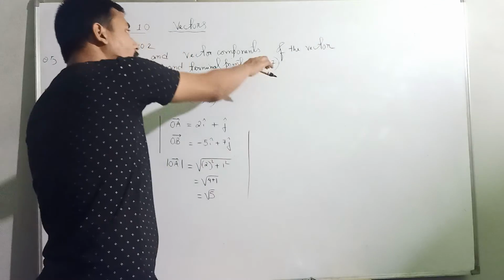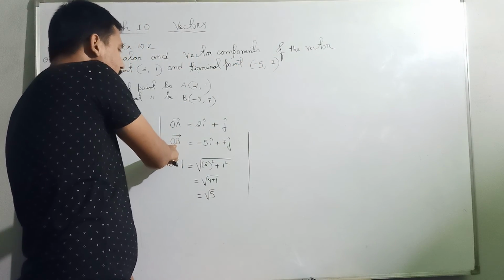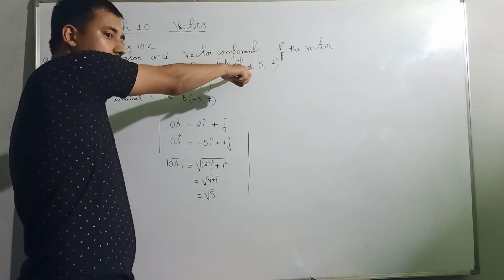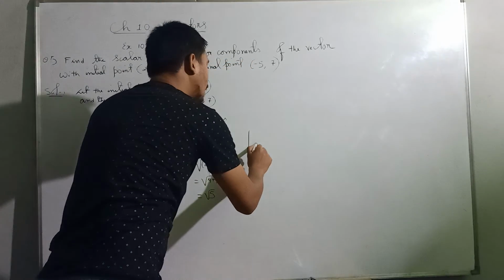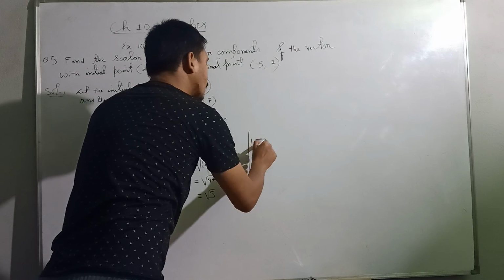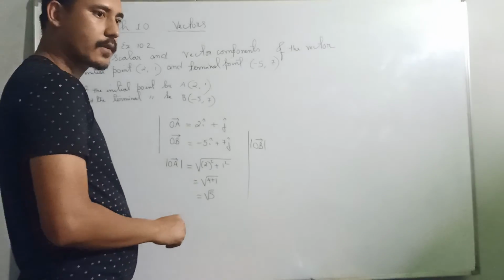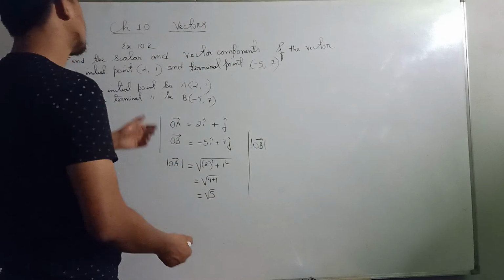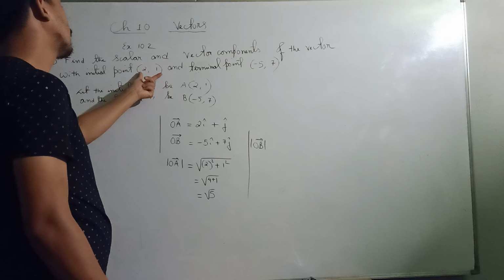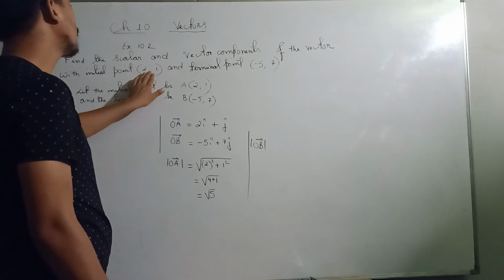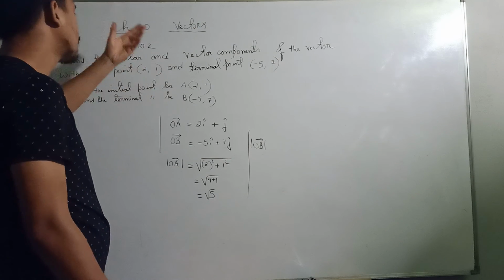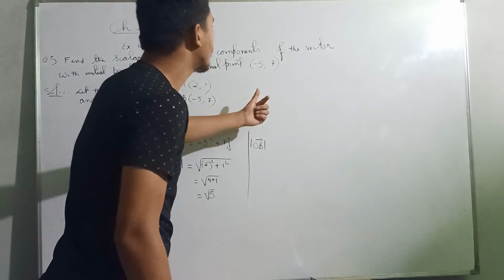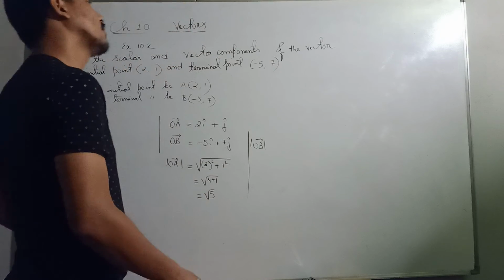And for the same point B, your vector component is the position vector of B. That is the vector component of point B, okay? And its scalar component will be the magnitude of the position vector, right? Vector component means they are asking you the position vector of this point.